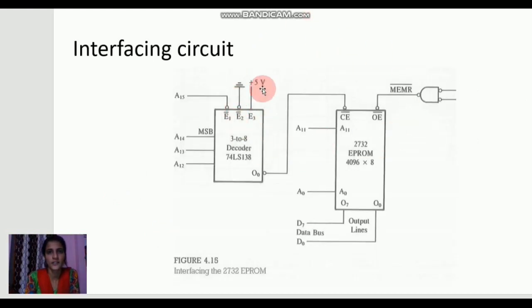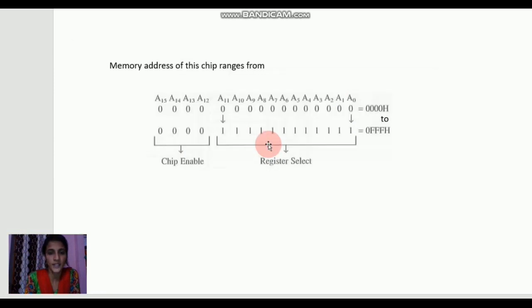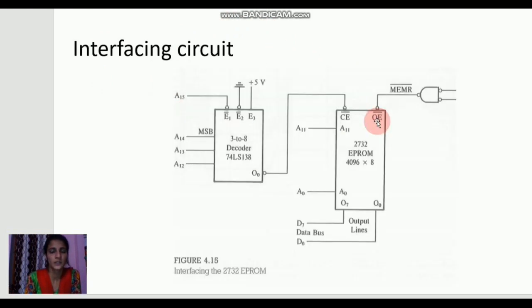This is the overall interfacing circuit. We saw how the chip selection signal is given. In this figure, enable is taken as active low and the output is taken from O0 of the decoder. So the chip selection CE pin will be active when A15, A14, A13, A12 all are 0. That's why the memory address of this chip ranges from 0000 to 0FFFH.